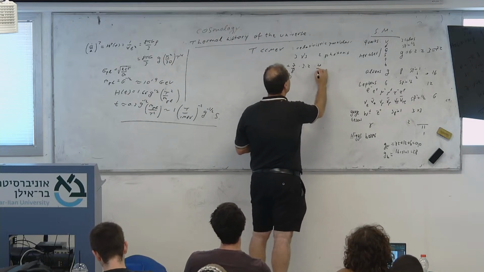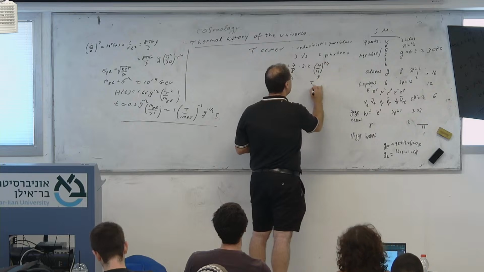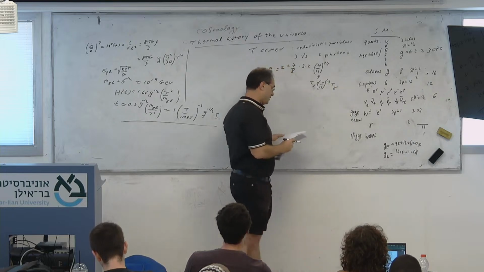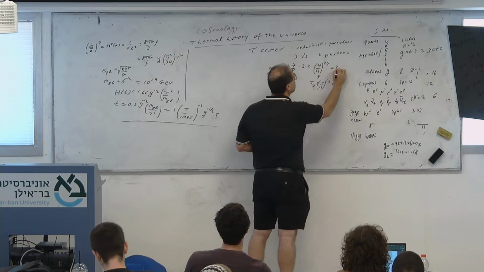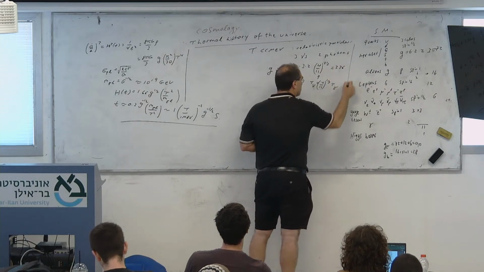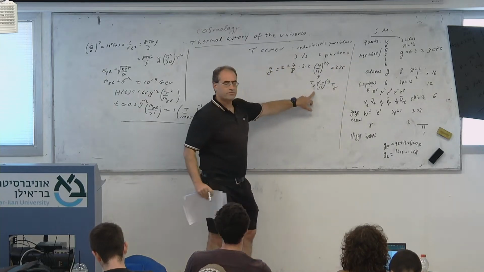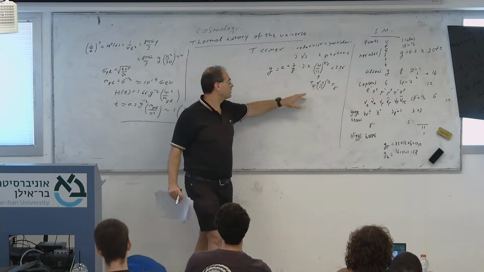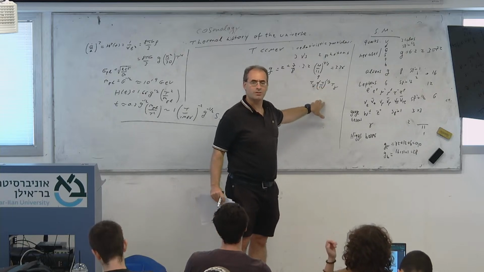So we also have 4/11 to the power 4/3. That's because T of neutrinos is 4/11 to the power 1/3 times T of the photons. So this is around 3.36. That is from conservation of entropy. I'll put it in the lecture notes, so you can do it later. It's a technical calculation.